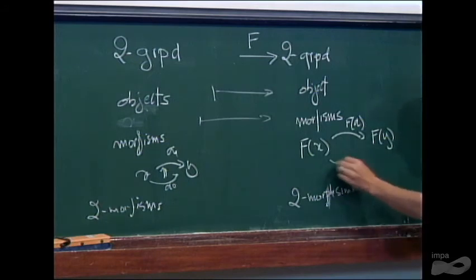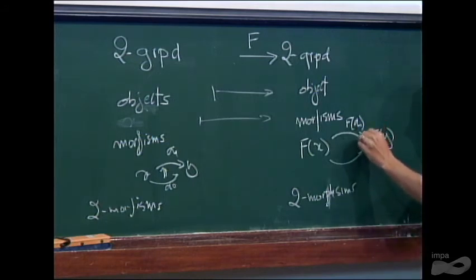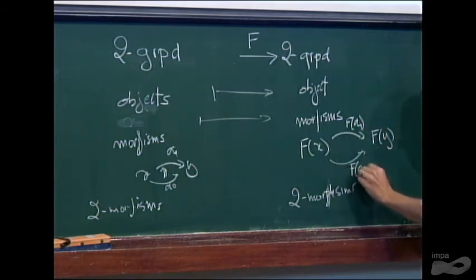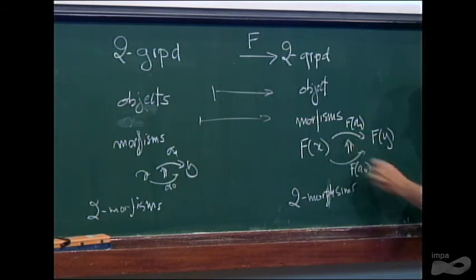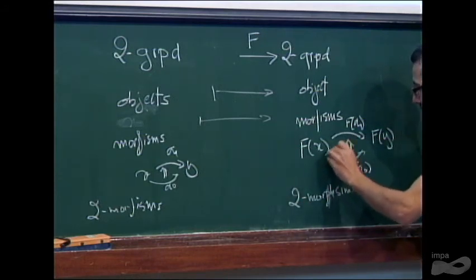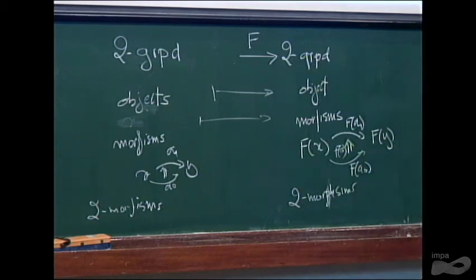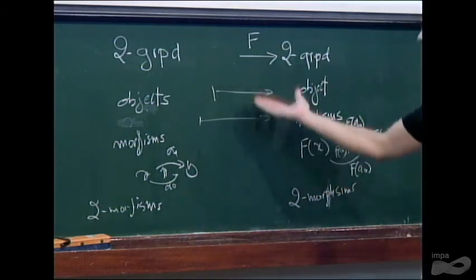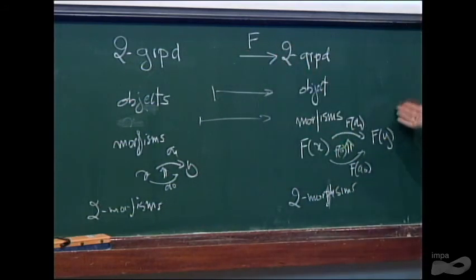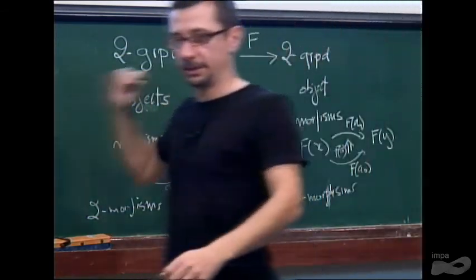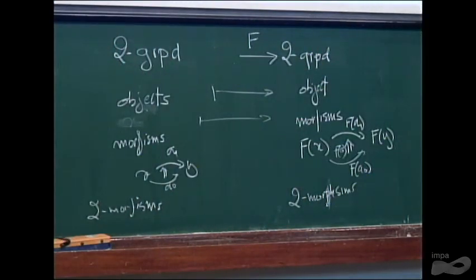And here you're going to have f of A0 and f of A1, and now your two-functor is going to have an f of sigma. So it's just putting one extra layer and making everything commute. Of course, as a two-functor, it should commute with the product and all the structure involved.